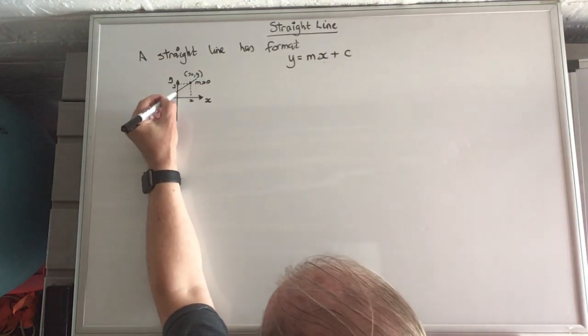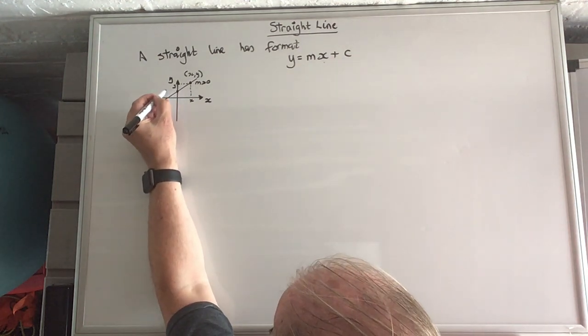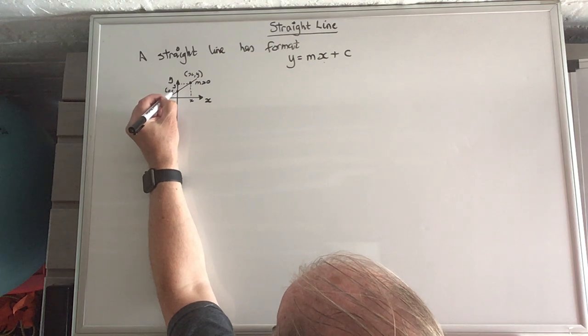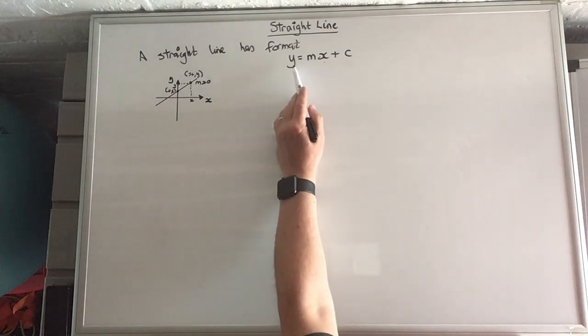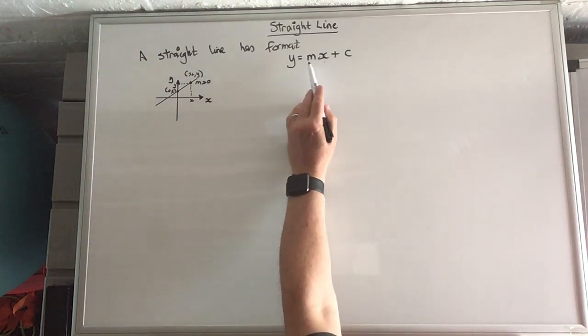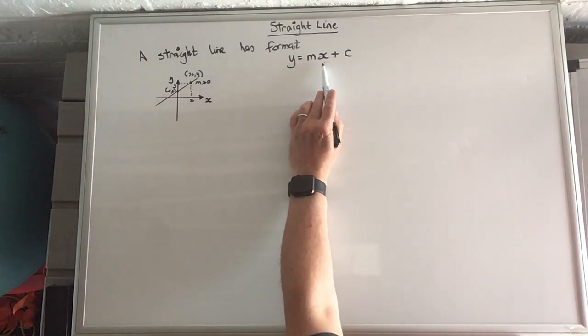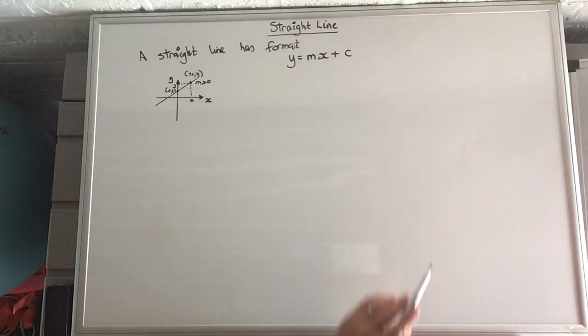This is where it crosses the y-axis, and that coordinate is (0, c). That's how these things are connected. So the y coordinate is equal to the gradient times the x coordinate plus c, and that's true for any straight line.